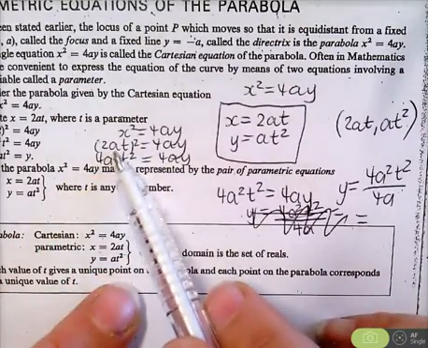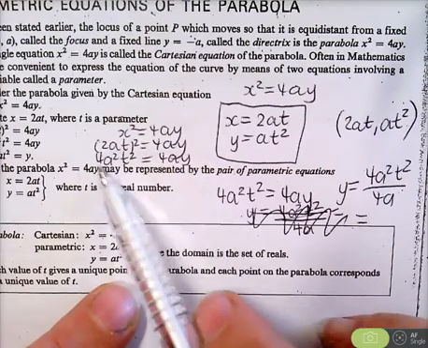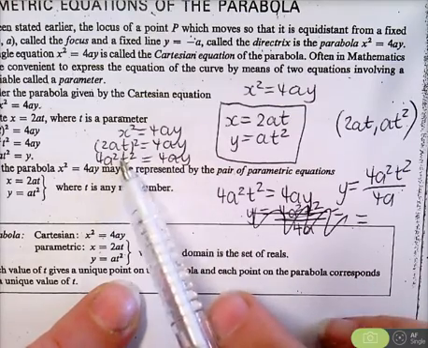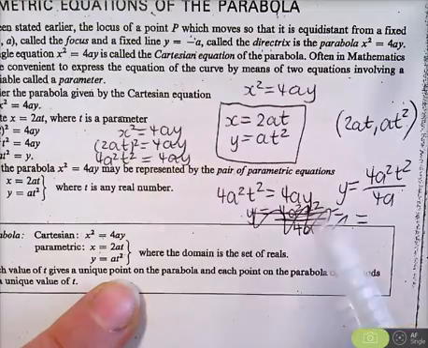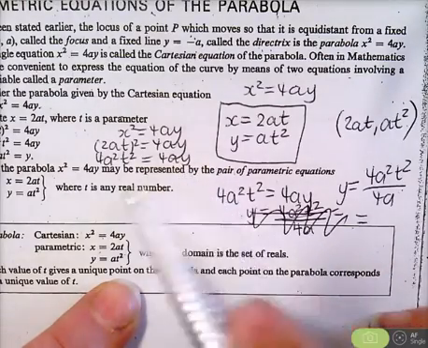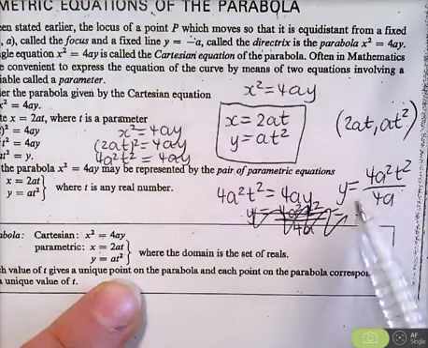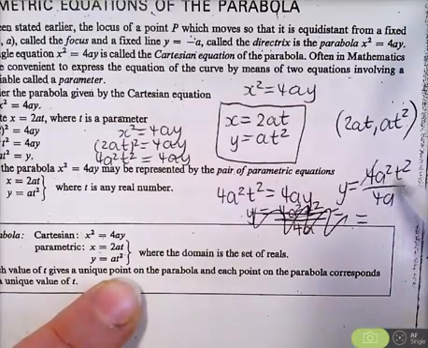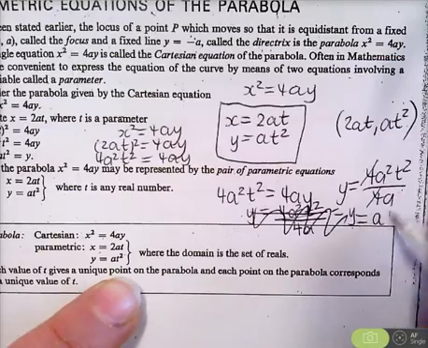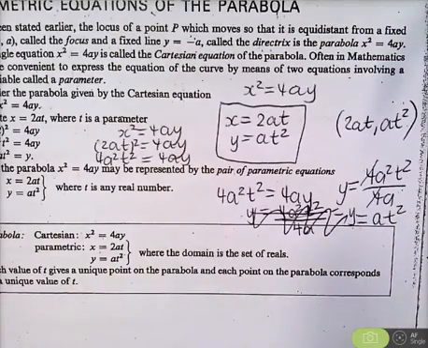We got (2at) squared is 4ay, in other words 4a squared t squared is 4ay. Now if we make y the subject by dividing by 4a, the a's cancel and the 4's cancel, and you get y is at squared. So you just need to know x is 2at, y is at squared.